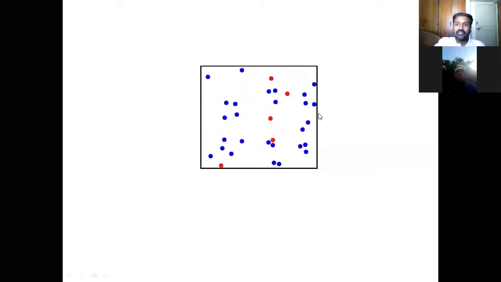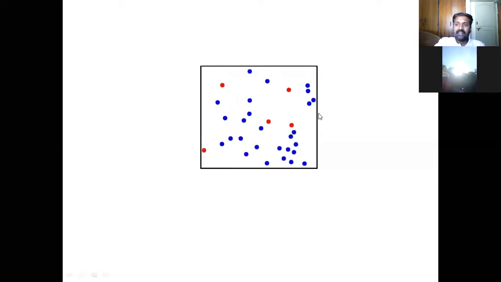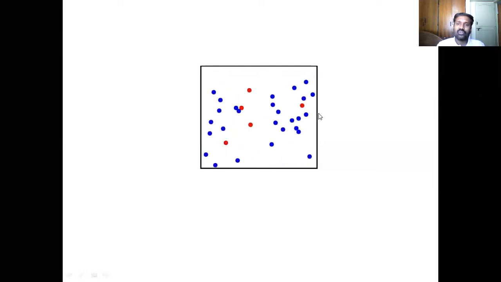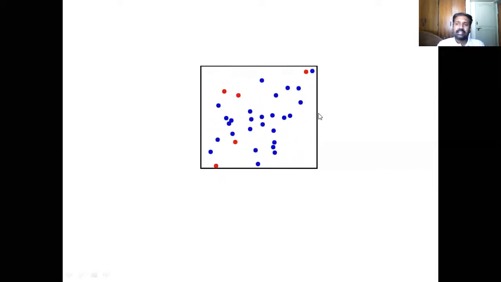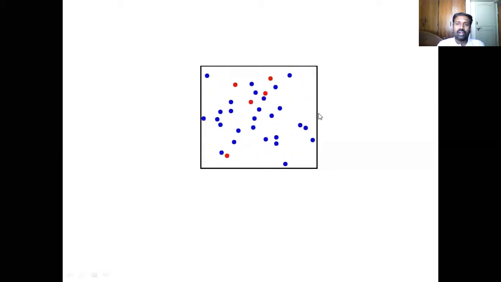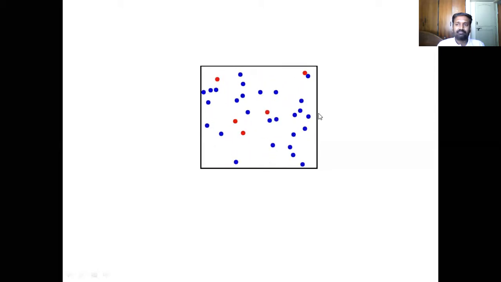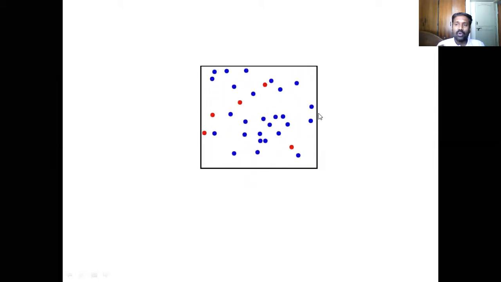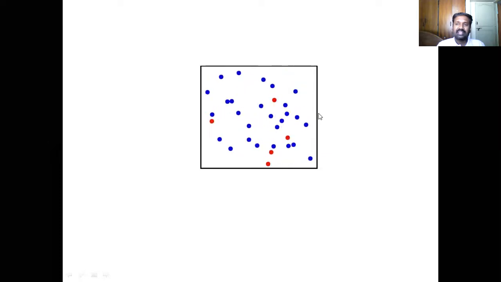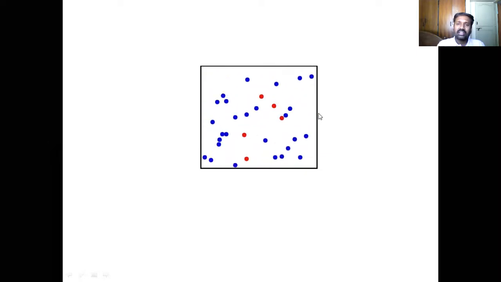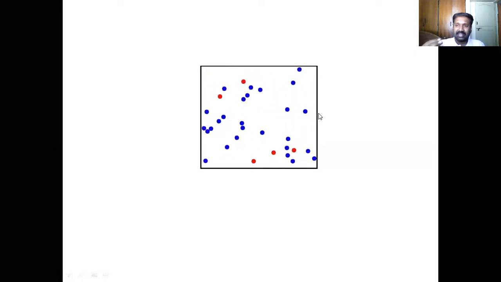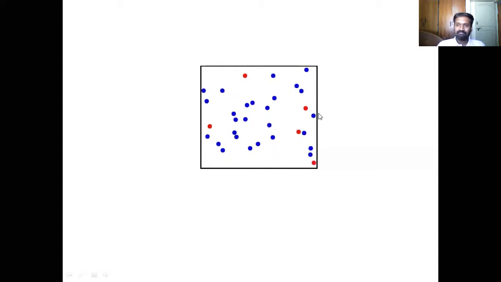So if each molecule has a different velocity, I cannot, for example, ask you the question: what is the velocity of a gas molecule?